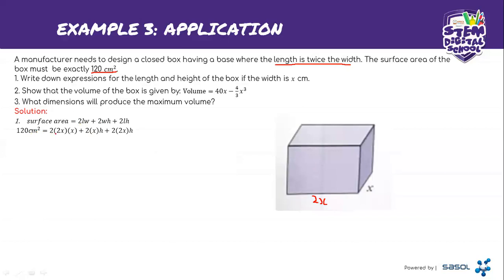What is our length? We agreed that the length is 2x because the length is twice the width. So there is going to be 2x, and then the width is x, plus 2, and then the width is x, and the height is what we don't have, and then plus 2, the length is 2x, times the height.